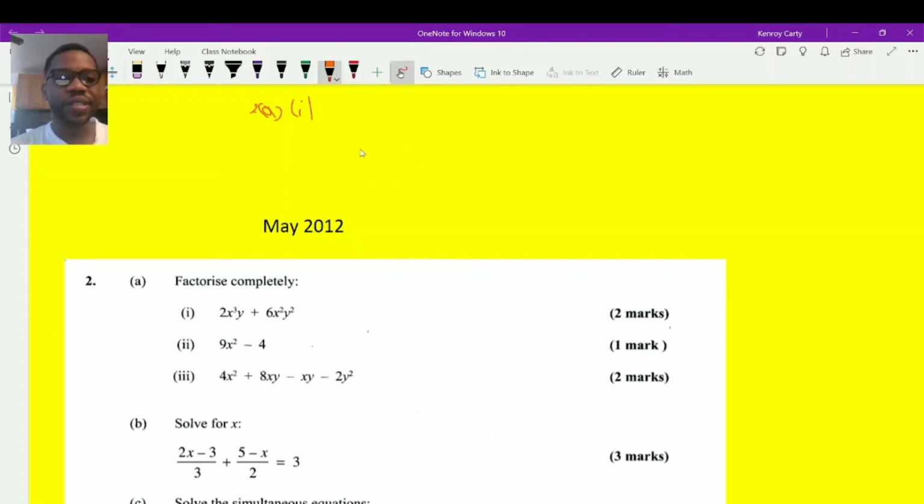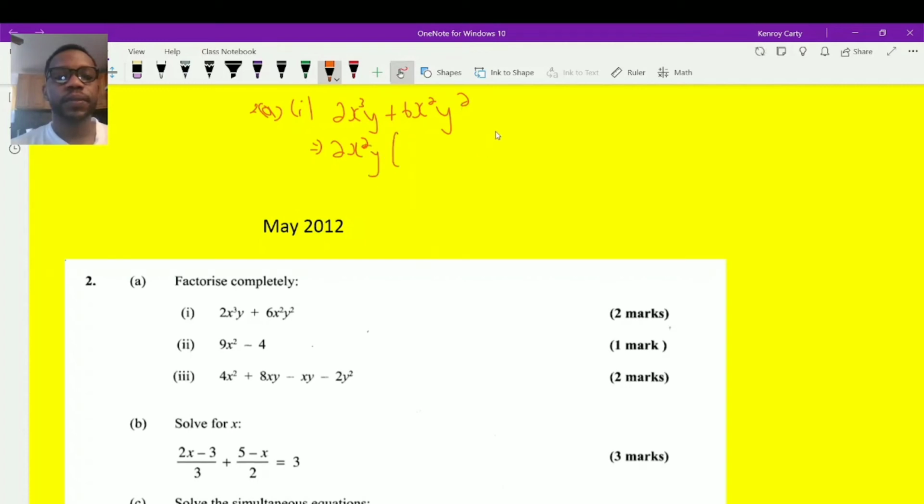So we have 2x cubed y plus 6x squared y squared. We want what is common. Once again, sort out the numbers. What number can go into 2 and 6? That's going to be 2. You have x cubed, you have x squared, you take out the lower one, which is x squared. You have y squared, you take out the lower one, which is y.